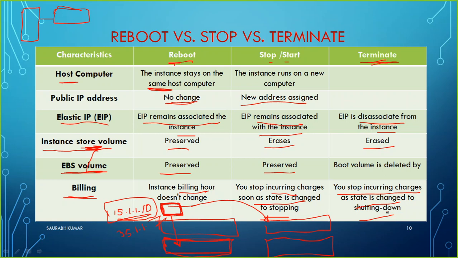There will be no bill after termination. So maybe you have terminated an EC2 instance today. From today onward, no hours, minutes, or seconds will be charged for that EC2 instance because you have already terminated it. So this was all the billing part and the difference between reboot, start, stop and terminate.